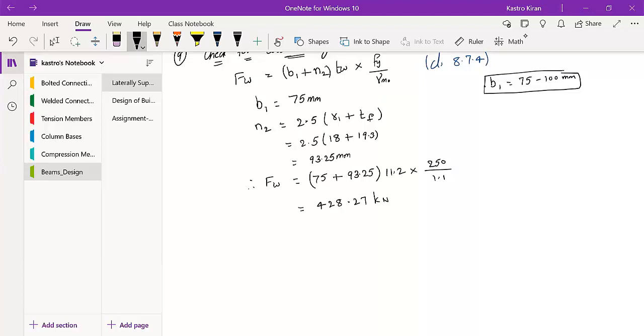So how do you verify this? It can be verified using the shear force value, which is 267.94 kilonewtons.